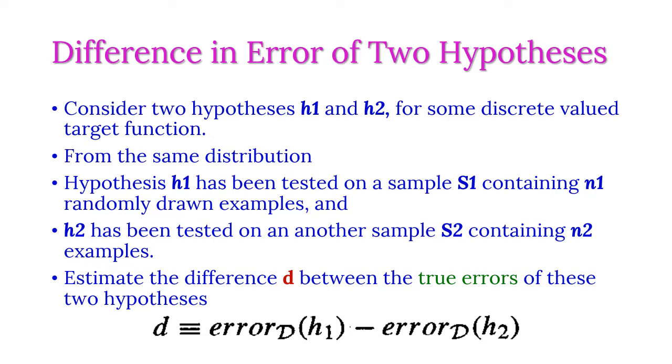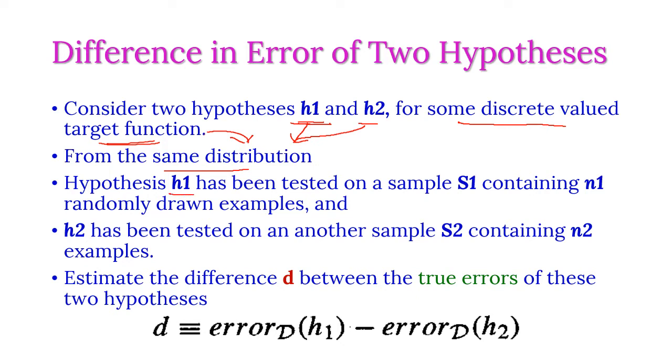Here we have to take two different hypotheses, H1 and H2, of some discrete valued target function, and this target function will be taken from the same distribution, that is for H1 and H2 the target function will be taken from the same distribution.